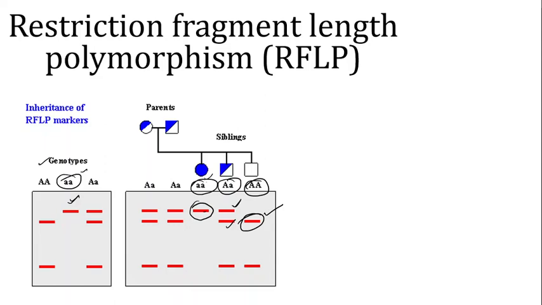Also we can understand the similarities among different individuals, and we can predict the relatedness of 2 individuals. If two individuals are related, then we will get a similar pattern of DNA fragments in these two individuals.